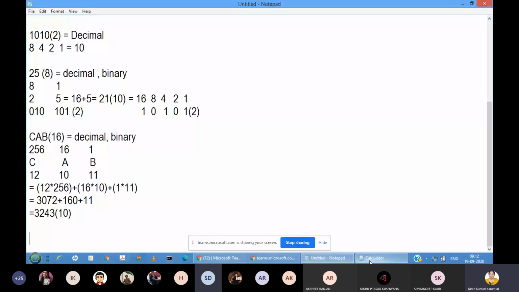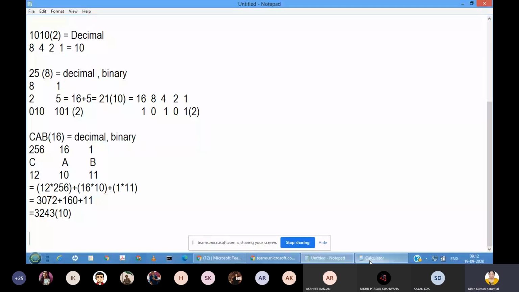Ma'am, I didn't understand. How did you get that 256? 16 power, because it is base 16, the place value will be, see, if you have a decimal number, the least significant digit position value is 1, ones place, tens place, 10 squares place, 10 cubes place. वैसे जाएगा ना बेटा?